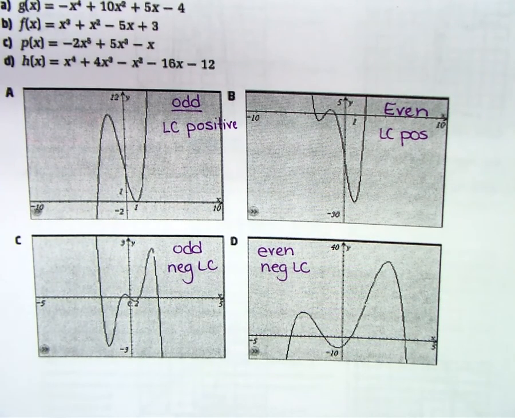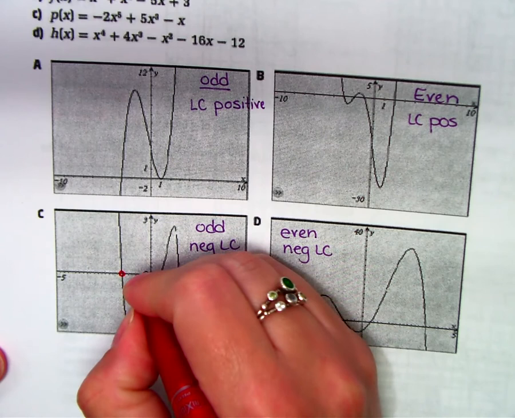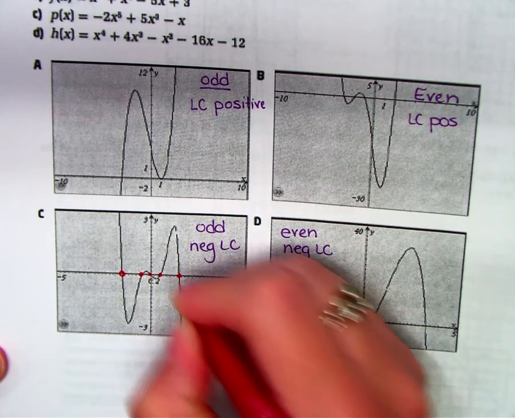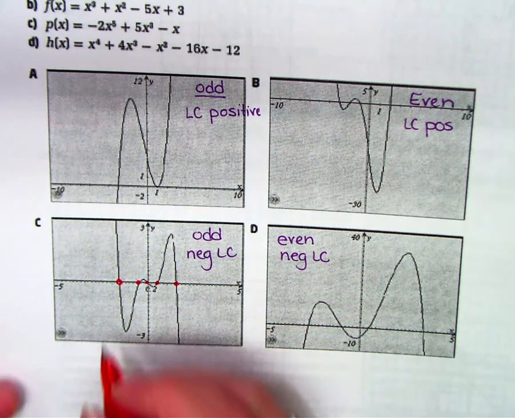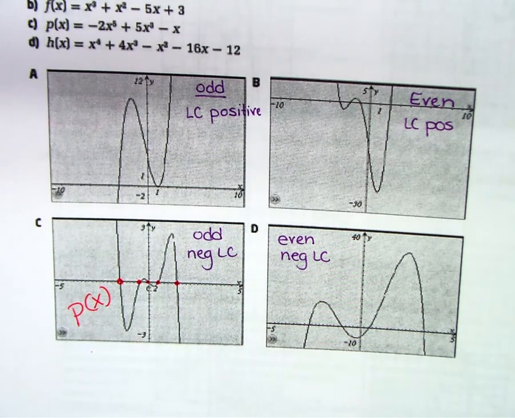Now Amber pointed out that this one has 1, 2, 3, 4, 5 x-intercepts. So we know it must be at least a degree of 5. So the only one for that is C. So this graph is P of x.